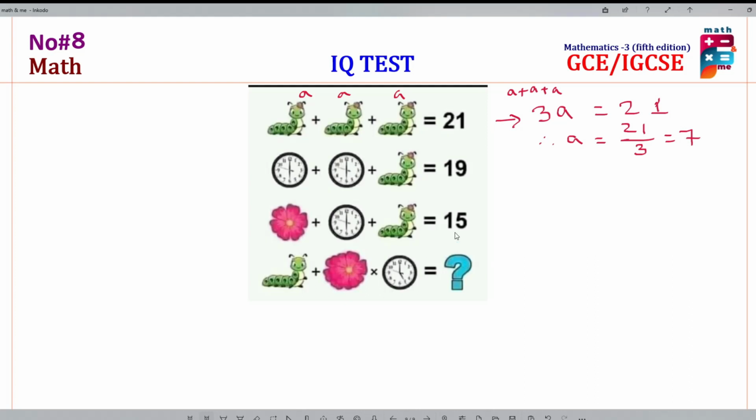Okay, and here watch we can take as B. It means we can write B plus B plus A equals 19. So in this case, B plus B means 2B, plus A means 7, so we can write 2B plus 7 equals 19.